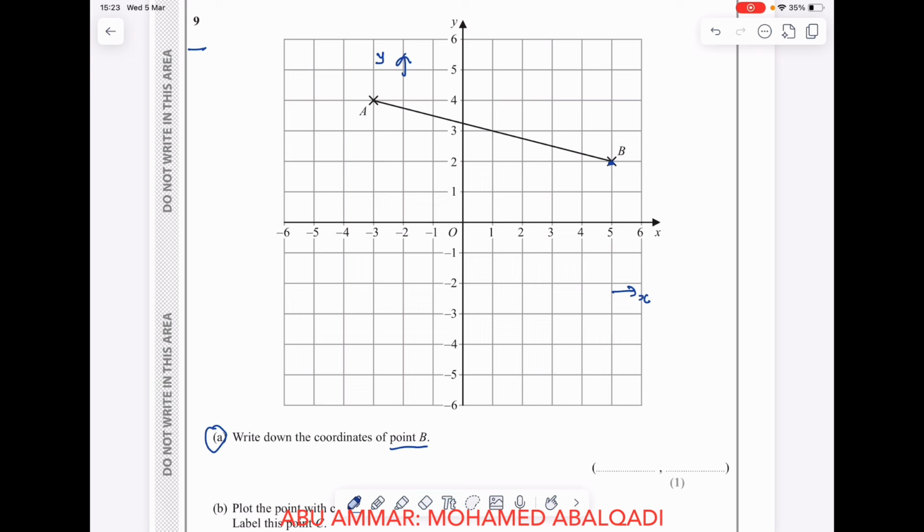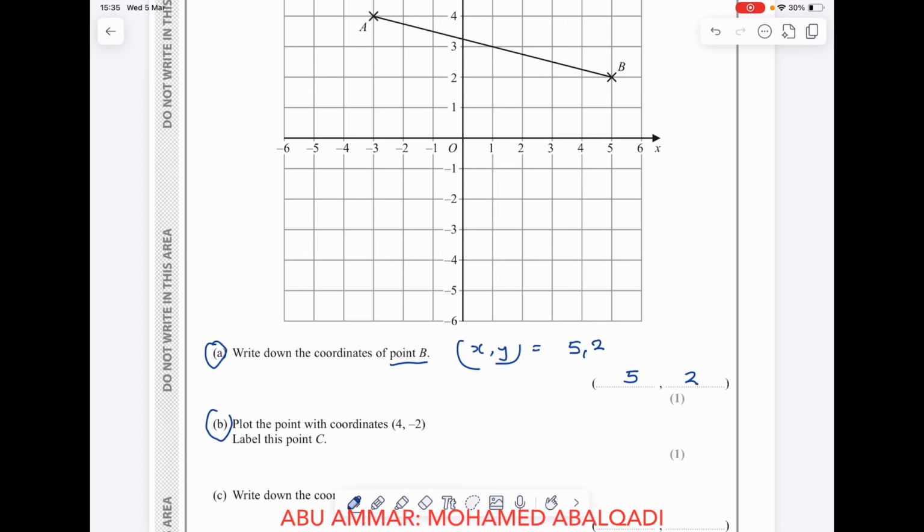So we need to find the coordinates of point B, which is (x, y). So for our x coordinate, we just have to go down here and see what our x coordinate is, which is 5, and we have to go across here to see our y coordinate, which is 2. So the coordinates of point B are (5, 2).